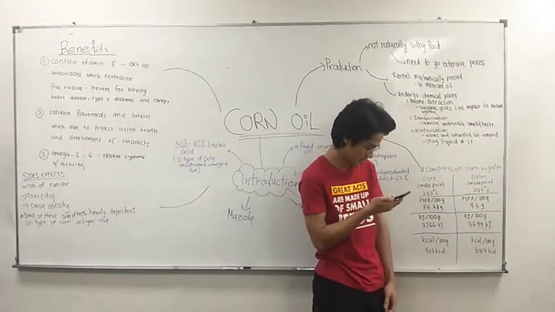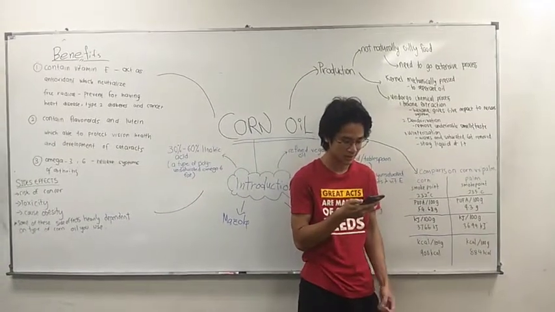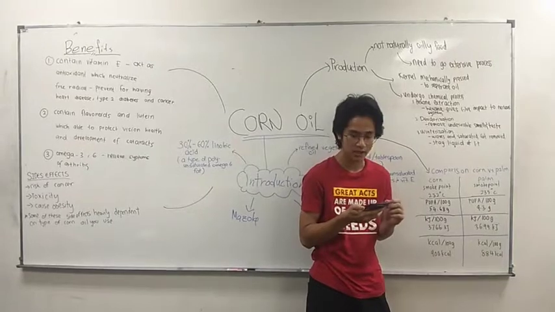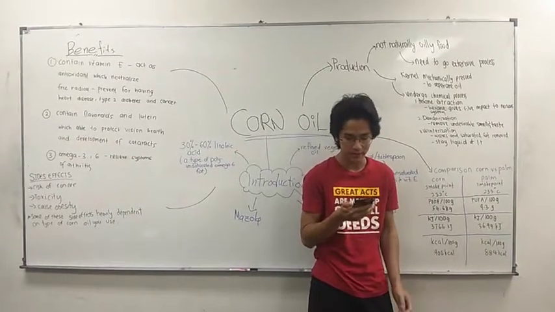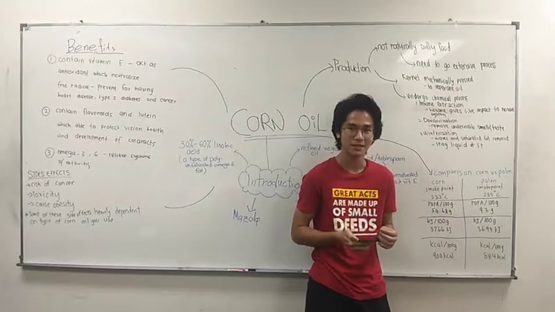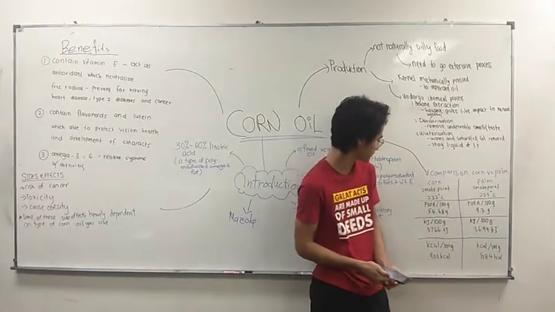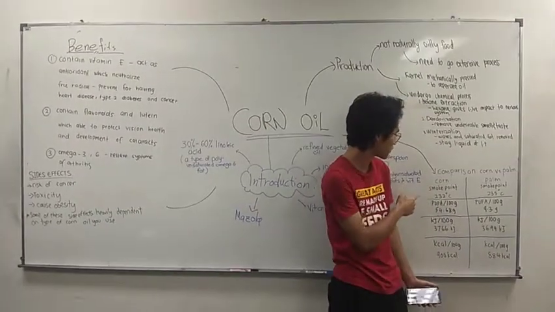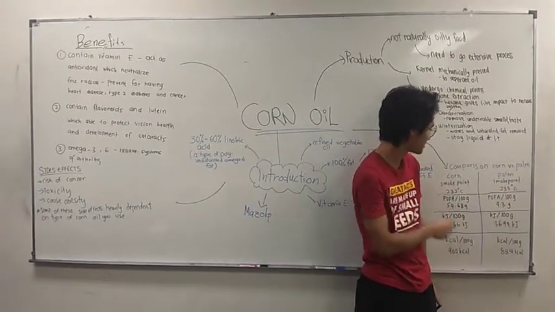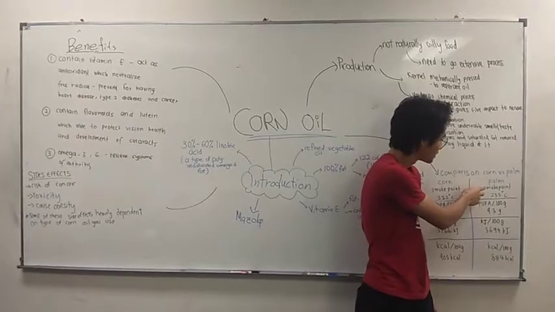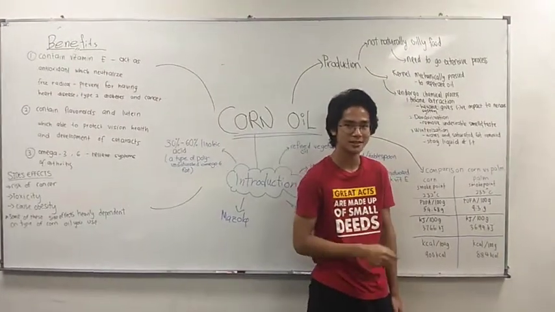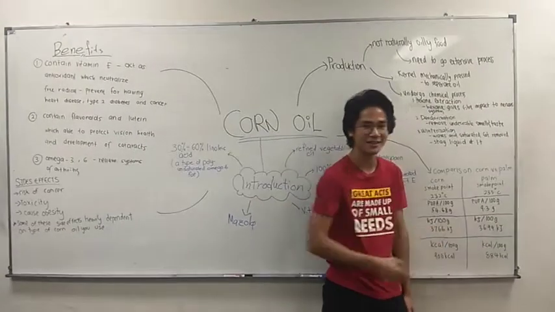Smoke point refers to the burning point, which is the temperature at which oil or fat begins to produce smoke, and the smoke is clearly visible. The smoke point for corn oil is 232 degrees Celsius. Meanwhile for palm oil, the smoke point is 235 degrees Celsius. Palm oil is slightly higher than corn oil.